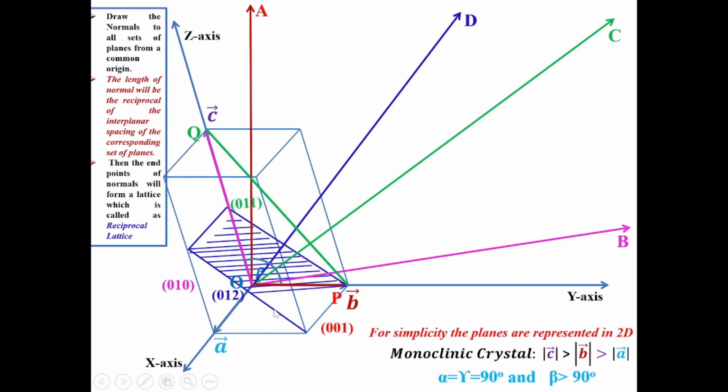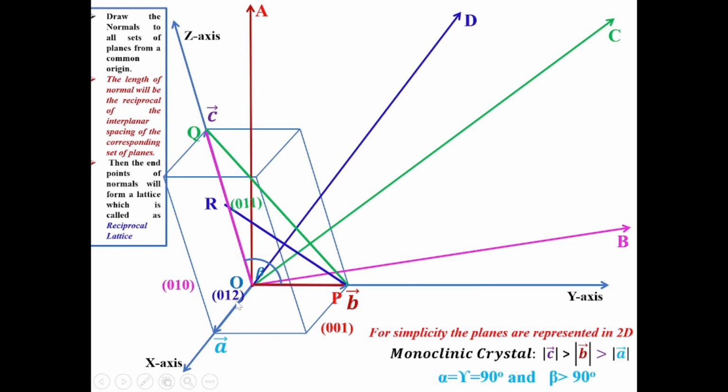Likewise, we remove this blue color plane, and we draw this line PR, which represents the 012 plane.